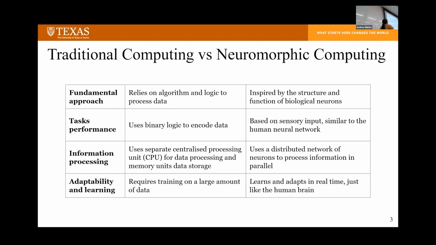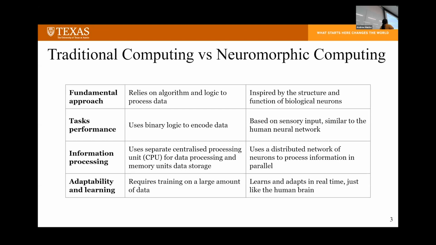But neuromorphic computing uses a distributed network of neurons to process information in parallel. This parallel processing is key because it allows information to be processed more quickly and efficiently, and is more resilient to errors and noise, because we have a system that is working together versus the traditional system, where the parts work separately.